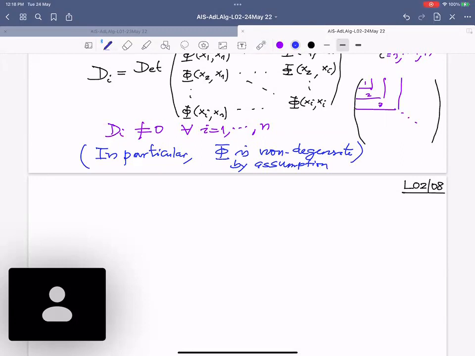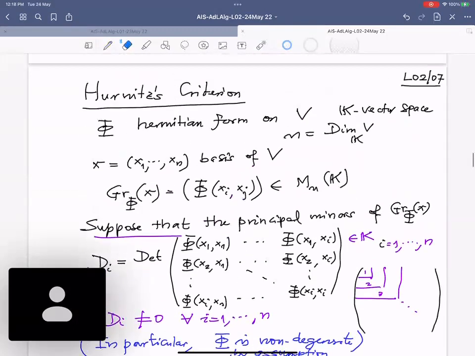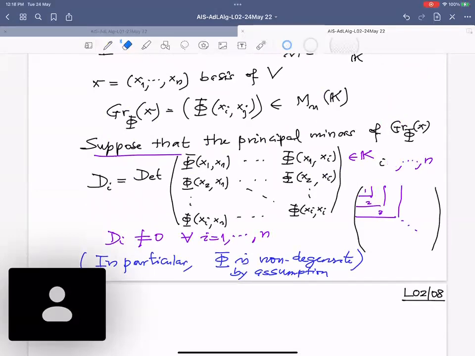All right. So we have this sequence. So i actually starts with 0. Why not 0? Zero means empty matrix and determinant 1. So you should remember here that the empty matrix has determinant equal to 1.